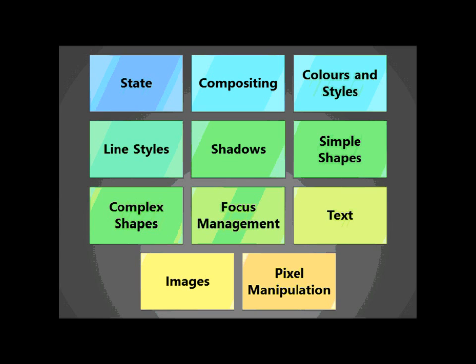Now let's look at line styles. Line styles has a couple of different attributes. It has the line width, which gives the width of the lines in coordinate space units. The line cap defines what the endings will look like on the ends of the lines. The line join defines what type of corners you want where two lines join or meet.